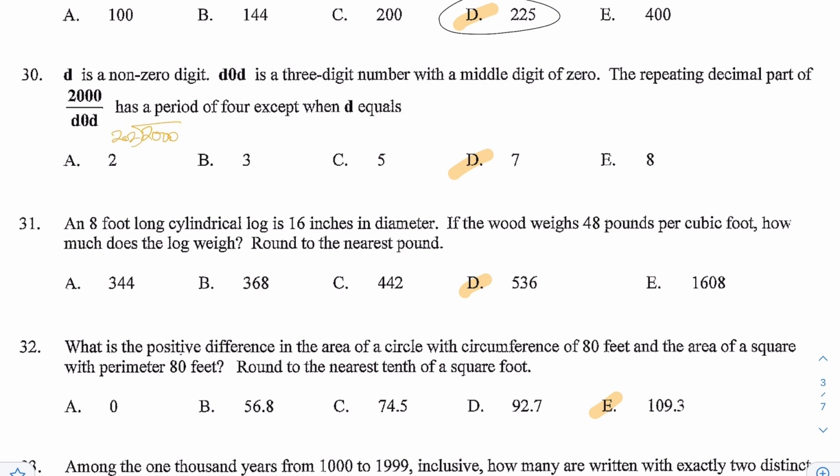And try 2000 divided by 303, and so on and so forth. So here you can just estimate 202 times 8. You can also try 202 times 9. All right, so that will actually be 9.